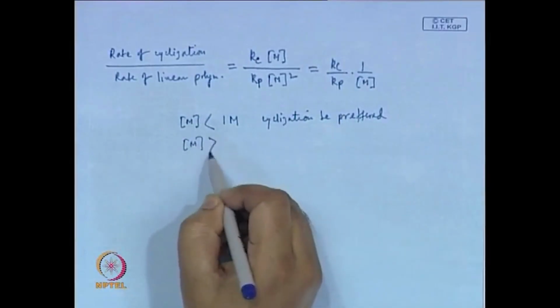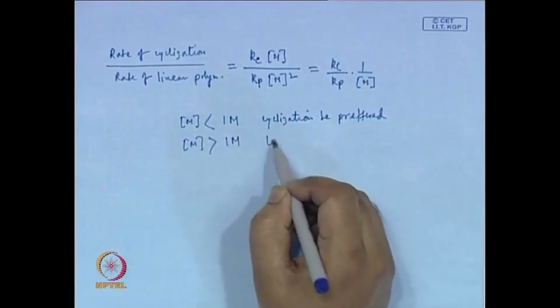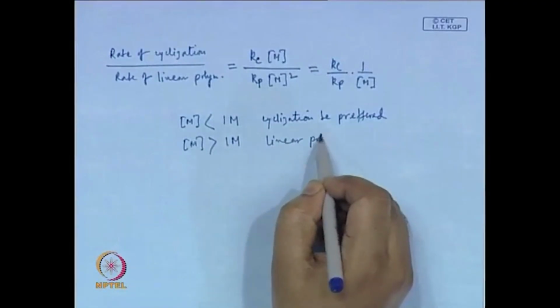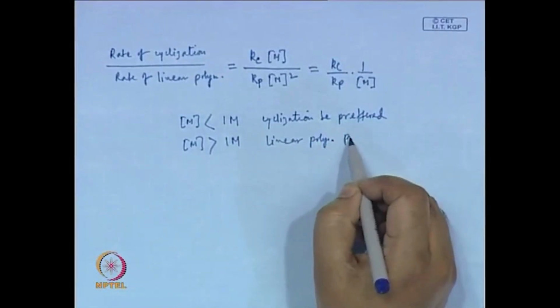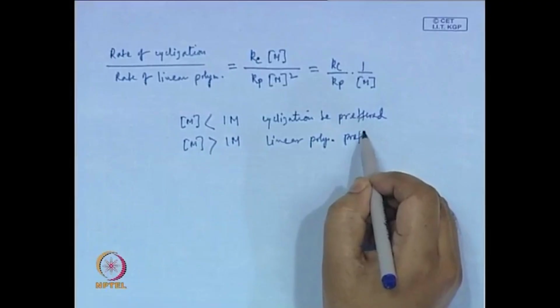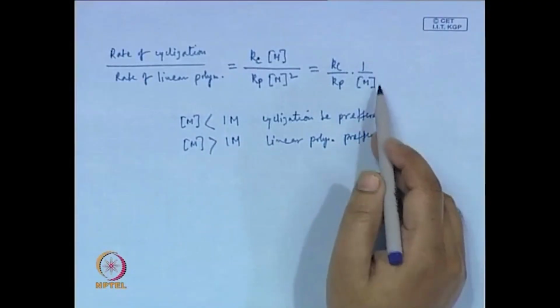If M is higher than 1 molar, then linear polymerization will be preferred, as you can see from this expression.